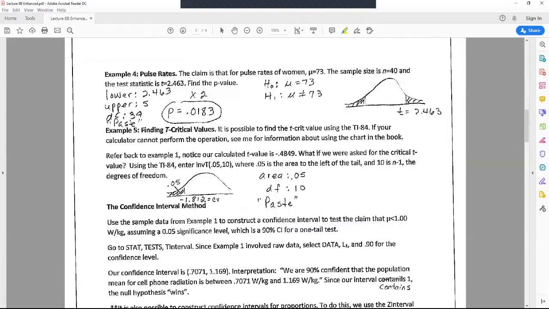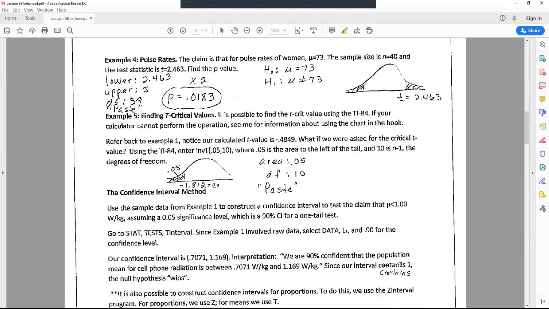Example 4, pulse rates. The claim is that for pulse rates of women, the average is 73. They used a sample size of 40, and they generated a test statistic of 2.463, and we're looking for the p-value. Notice they did not make any claim that the average is greater than or less than 73, so we're going to do a two-tail.